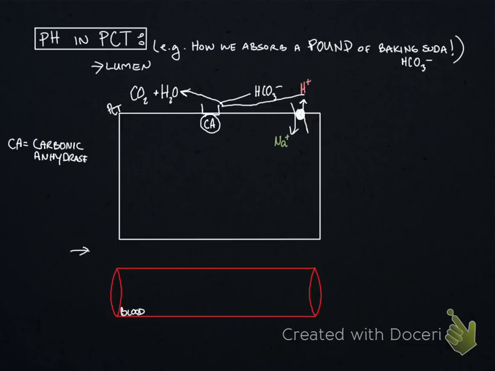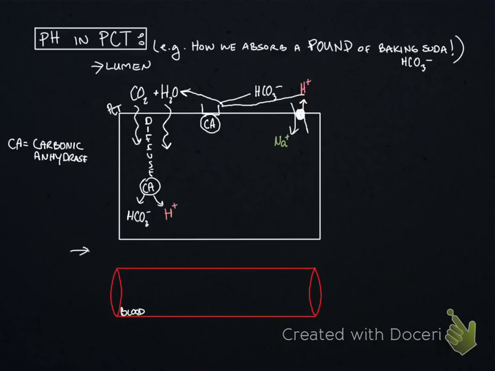We just skipped a little step. Then these can just diffuse into the cell, and they meet our friend carbonic anhydrase again and dissociate into bicarbonate and hydrogen ions. That's how we get it into the cell.